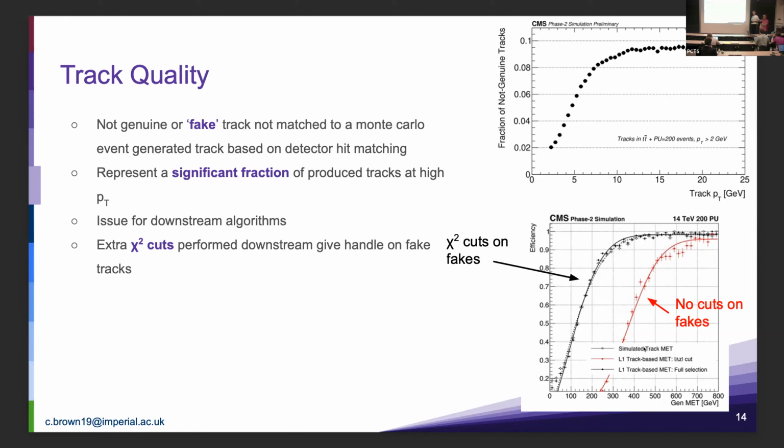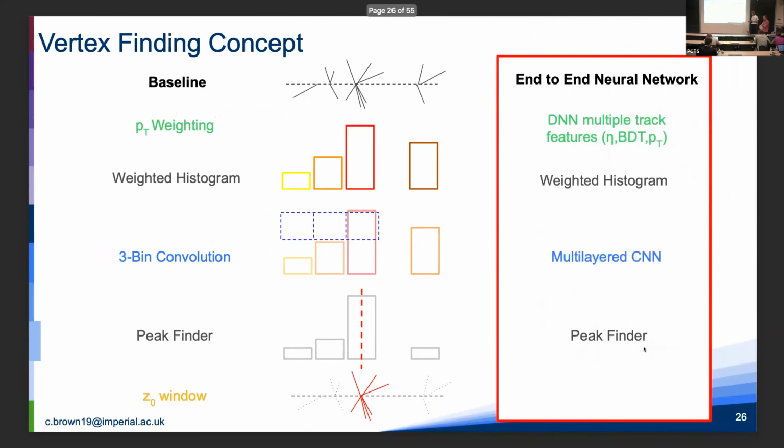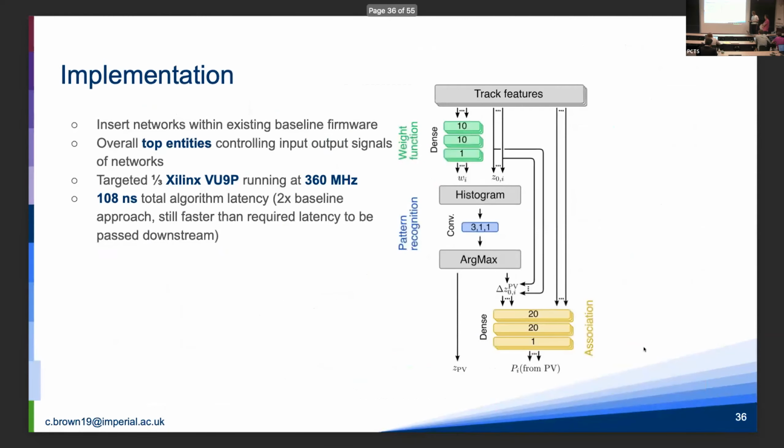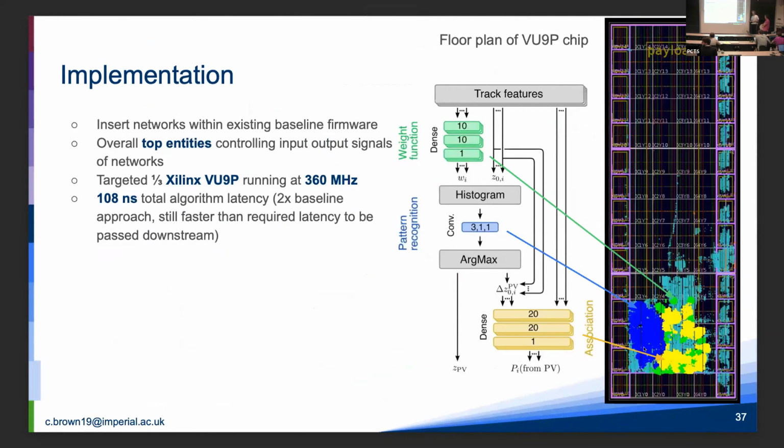Another question? Just a clarification on your slide 37, you showed the floor plan on this FPGA. Is it only for the network or is it the full firmware? The highlighted regions are the network itself, but the extra blue here is other parts of the primary vertex chain: the histogram part, the argmax part, and the track feature transformation, which are all done as well, but I haven't highlighted them specifically.